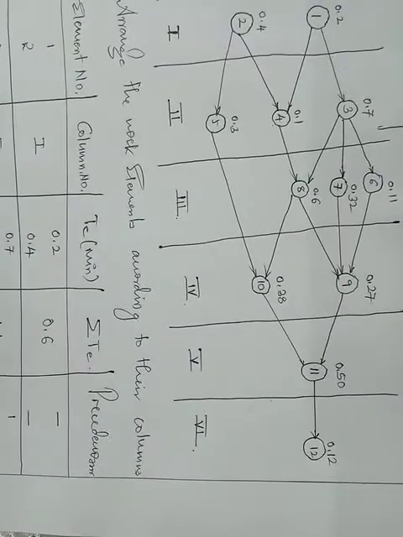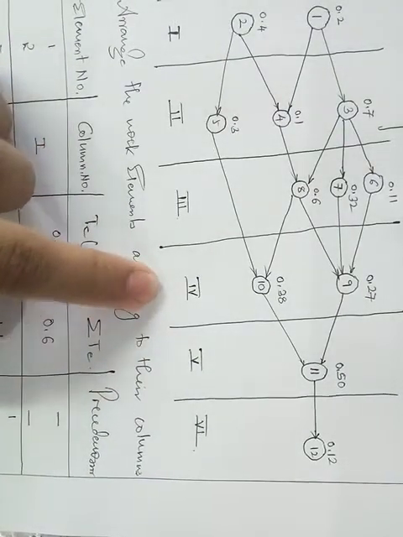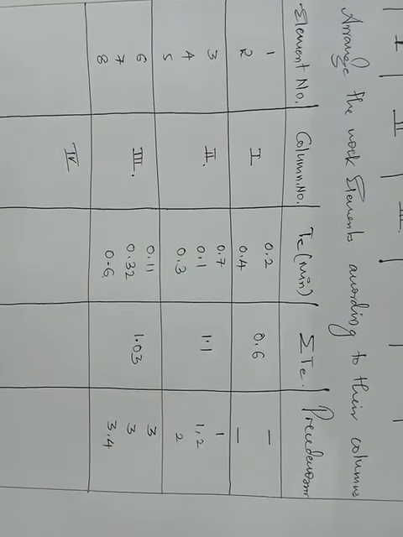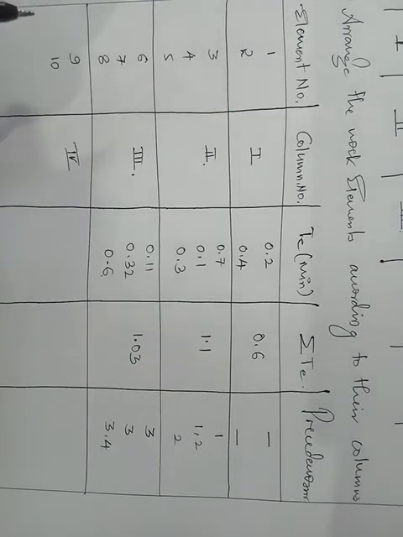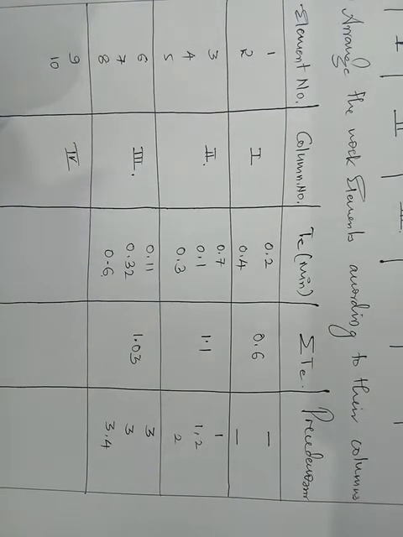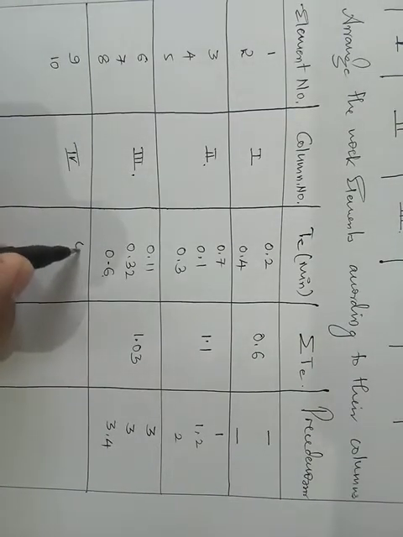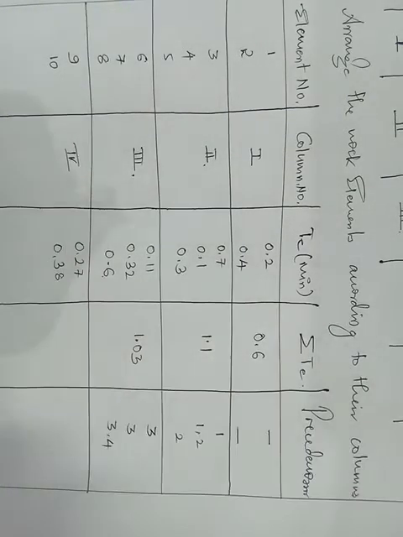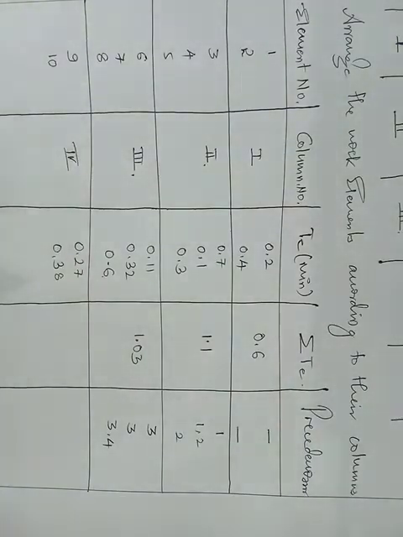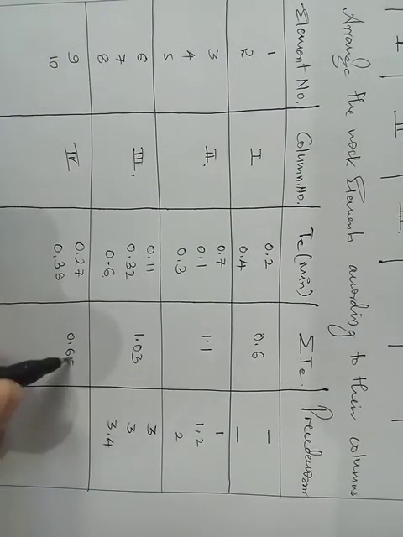Check out the elements in column 4. This is column 4, 9 and 10, right? So you need to write 9, 10. Work element time for 9 and 10 is 0.27, 0.38, and summation TE is 0.65.